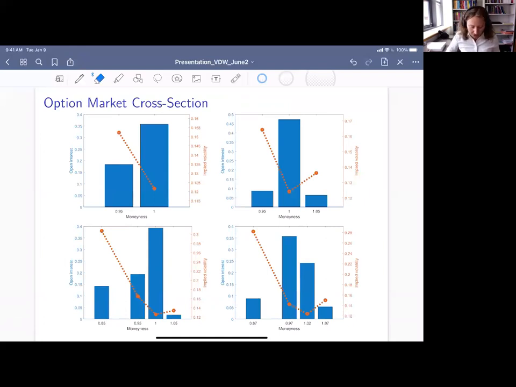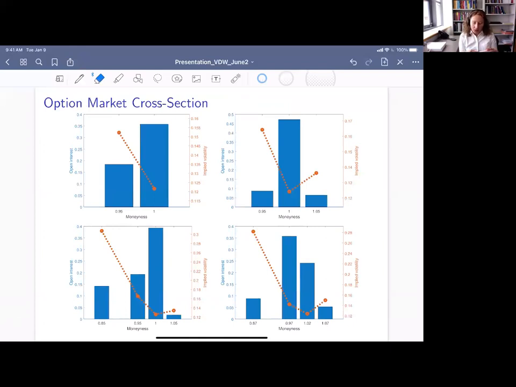So what I show you here is 4 graphs. The axes are the same on all of them. We have open interest on the y-axis and we have moneyness on the x-axis. And we go from 2 to 3, then to 4 options with different moneyness levels.